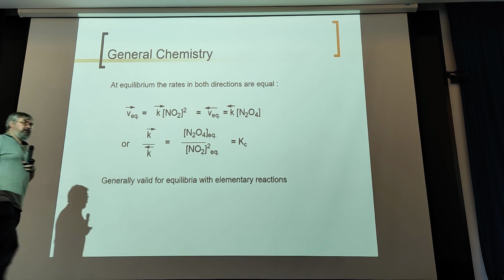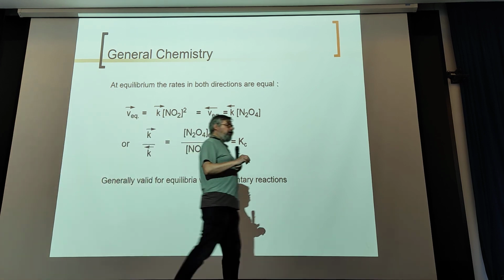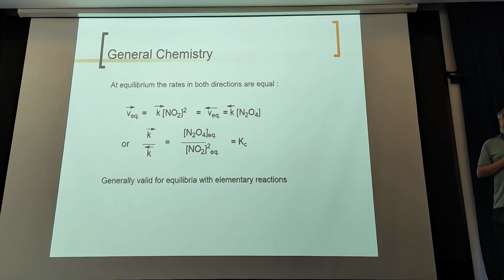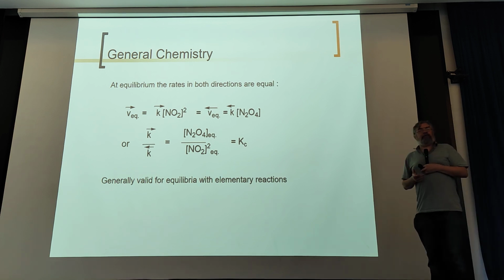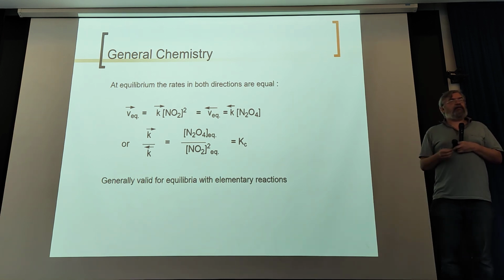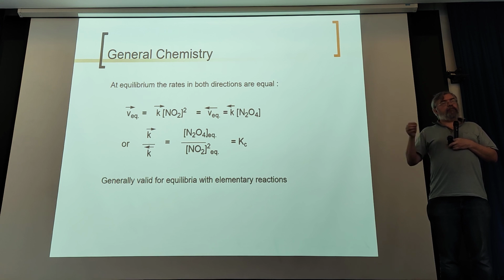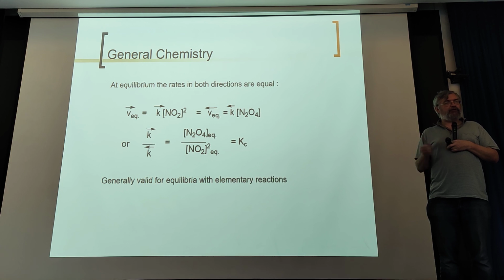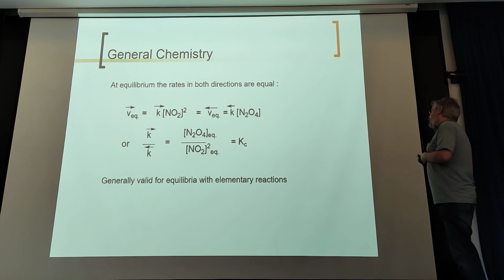So here we now see the relation between small k and capital K. It's actually the ratio between the two rate constants that makes the equilibrium constant. If both of them are equal, it would mean capital K, the equilibrium constant, is 1. And this is a perfectly matched reaction. We're about 50-50 between products and reagents.